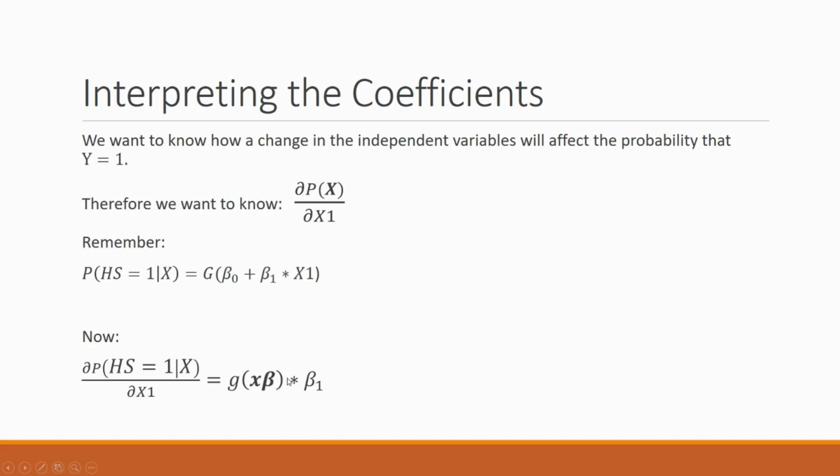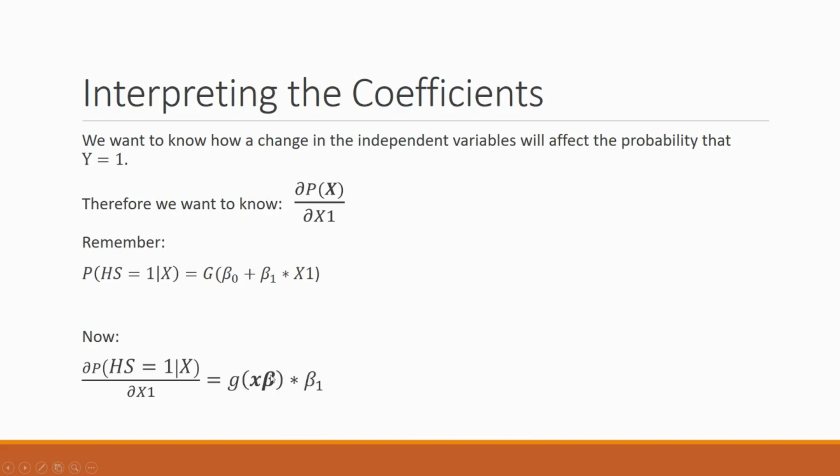Now, if we took the derivative of just a linear function, let's say there was no g, we would get just beta 1. But when we're using a probit or a logit model, when we want to know the effect that x1 has on the probability of the dependent variable equaling 1, we find that it's beta 1 times some other function.